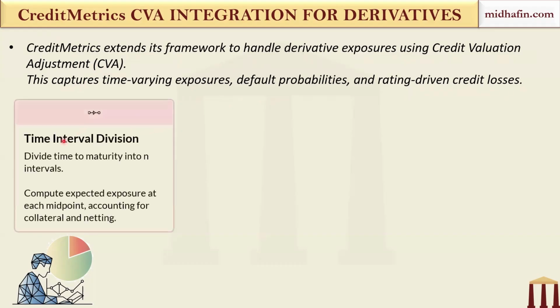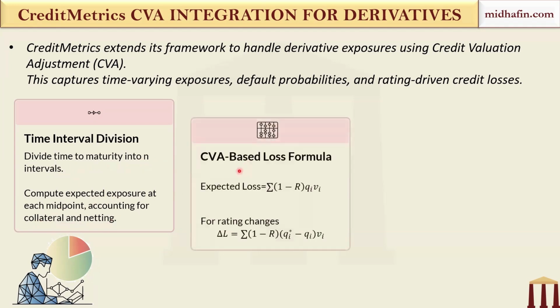So the first step is to divide the exposure horizon into several intervals, say n intervals from today until the final maturity of the transaction. Now, at the midpoint of each interval, we estimate the expected exposure after accounting for collateral as well as netting arrangements. Then step 2, default probability term structure and CVA based loss formula.